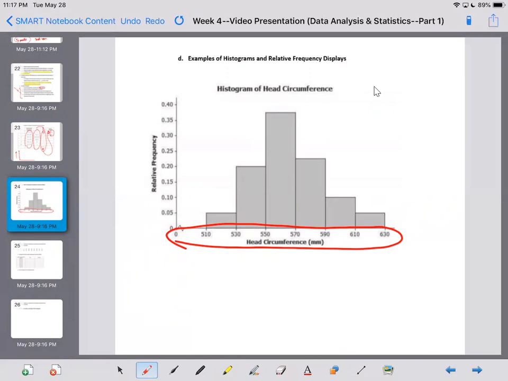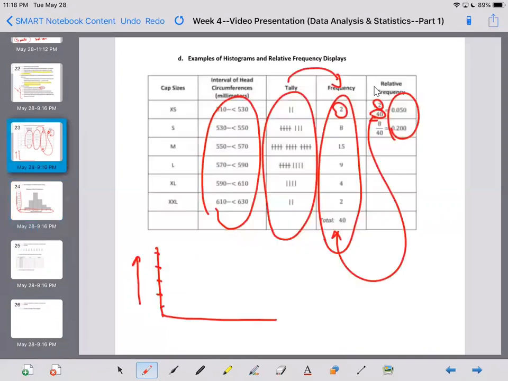If you remember back, if you have to watch the video again, you can rewind that to see that the bar graphs did have spaces in between because it's categorical data. This is numerical data, and because of the intervals that are placed, 510 to 530, 530 to 550, 550 to 570, those are intervals. And then you see, well, where are these coming from? Well, those are your relative frequencies based off of the table that you would have filled out here.